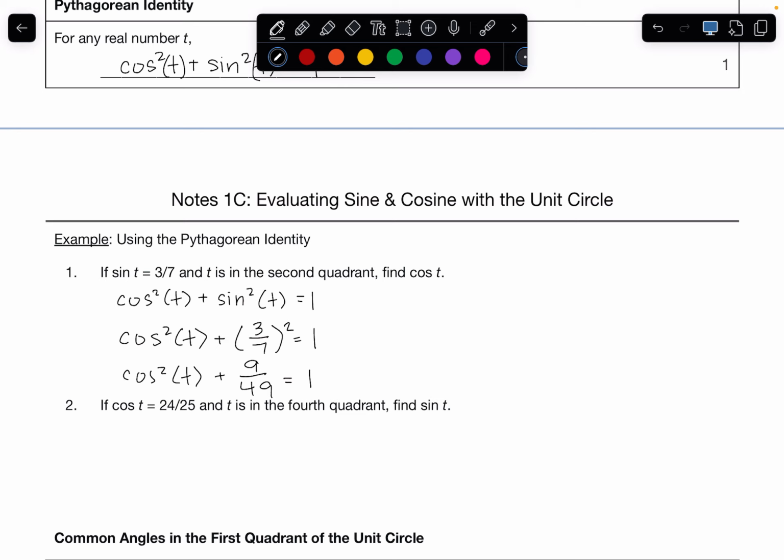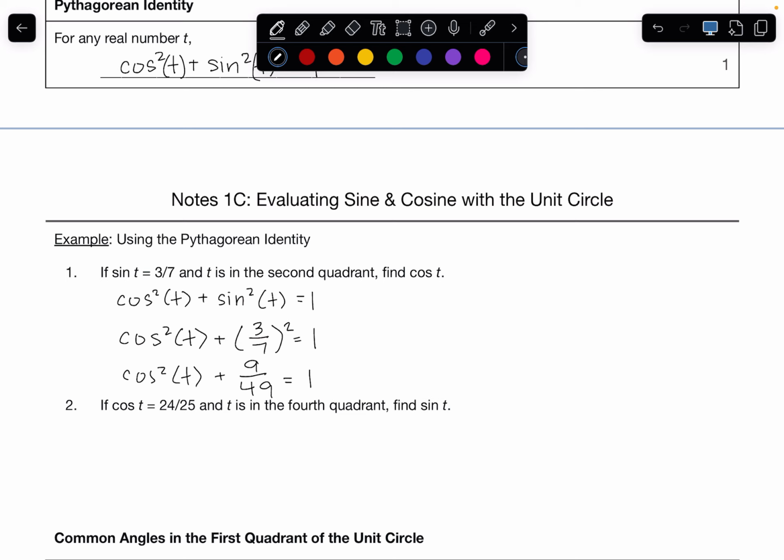And I want to solve for cosine. And I know from math 1 and math 2, if I want to solve for something, it means I need to get it by itself on one side, move all of the numbers and other operations to the other side. So the question is, if I want to solve for cosine squared, I want to isolate cosine, what should I do first? Raise your hand if you see it.